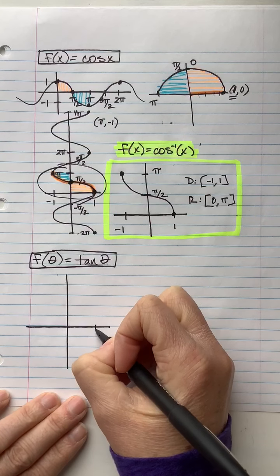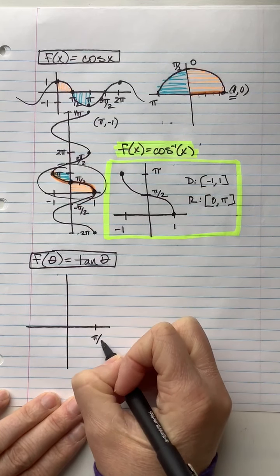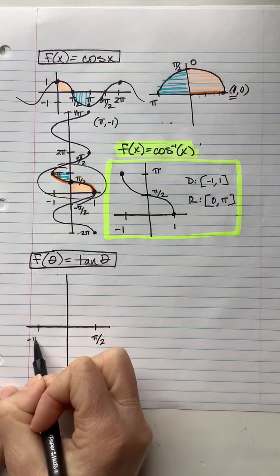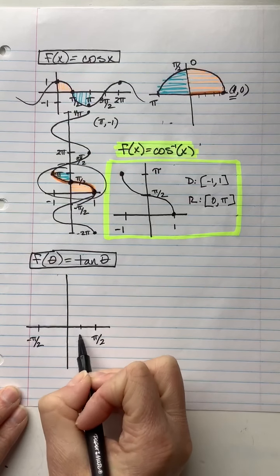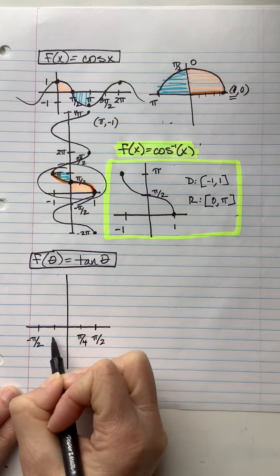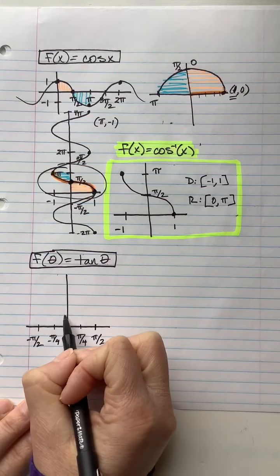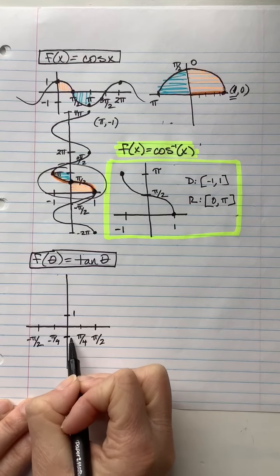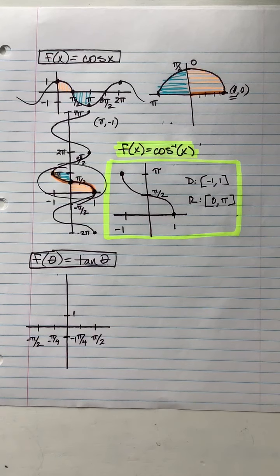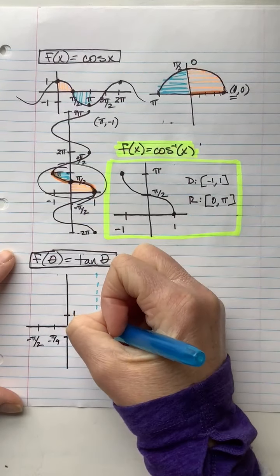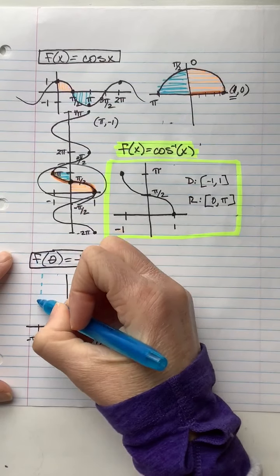So if we only look at one branch of tangent, we're looking from negative pi over 2 to pi over 2, and we're including those fourths because that's where we get our 1s. So up 1, getting a little squishy, down 1. Here's my vertical asymptotes.